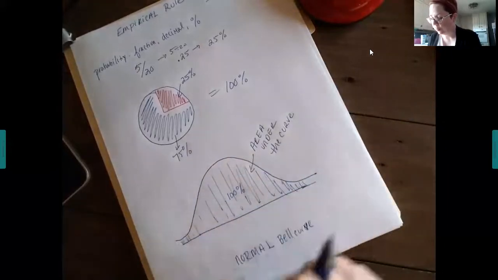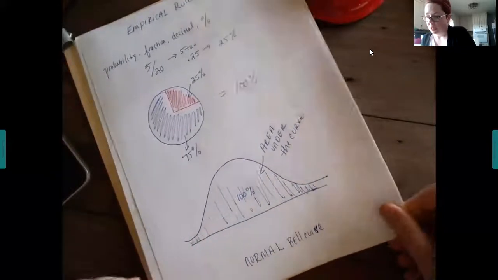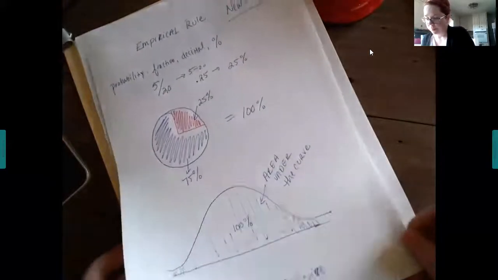So we get a normal bell curve when we look at something that is even Stevens all the way around. So if you recall when we did that example of mean, median, mode for our toilet paper usage, this is why.